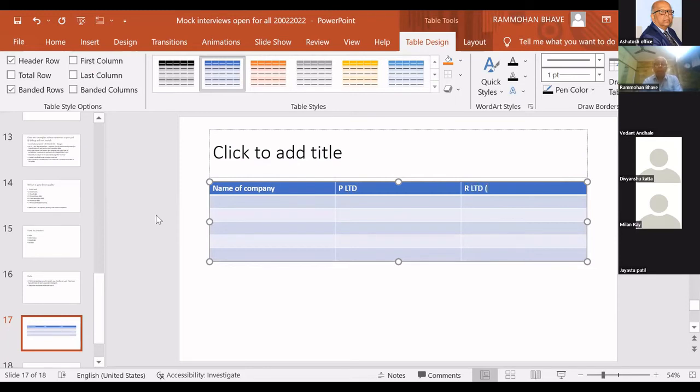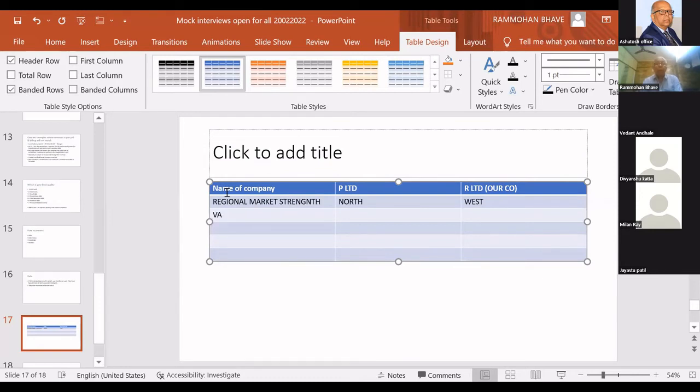That is our company. Then regional market strength: North, West.